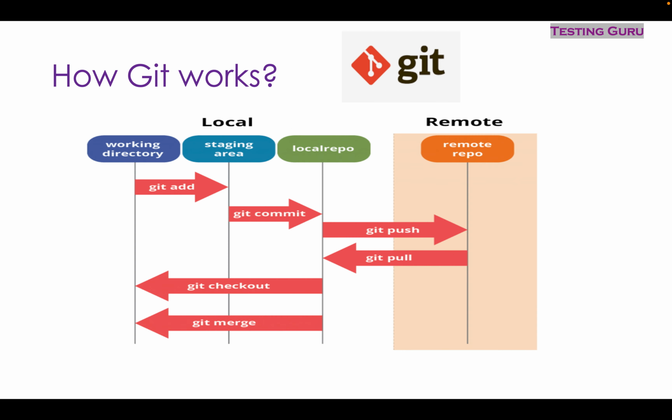Initially, we have two areas in Git. One is the local area and the other is the remote area. Remote is cloud based, where you store the repository of the project. Initially you take your code from the remote repository using git pull, and it will be stored in the local repository.